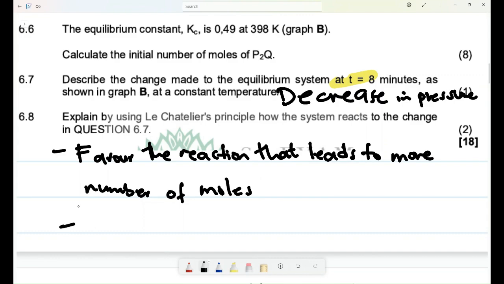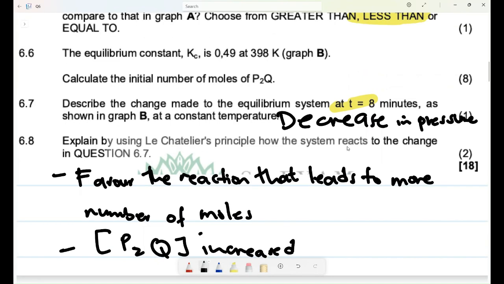And then what happened? The concentration of P2Q increased.